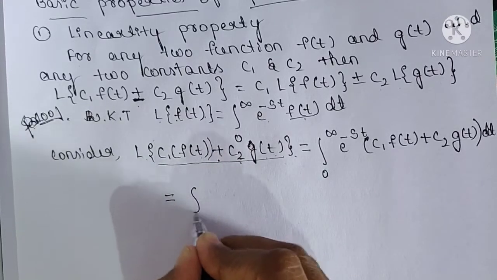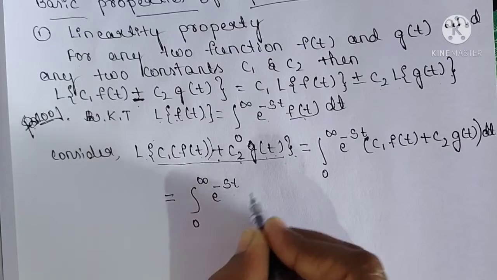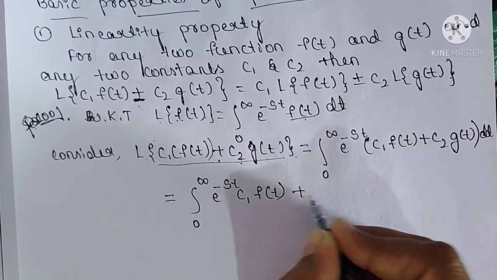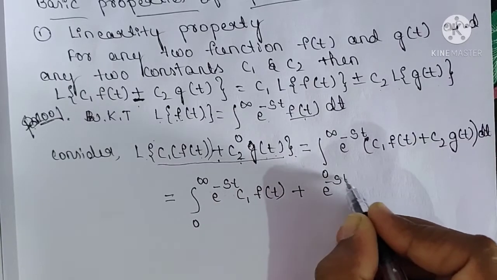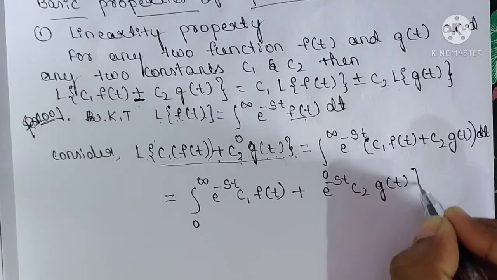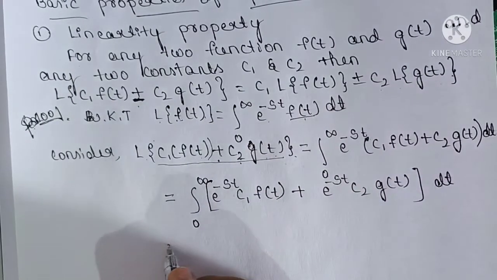Now split: integral from 0 to infinity of e^(-st) c1 f(t) plus e^(-st) c2 g(t) dt.